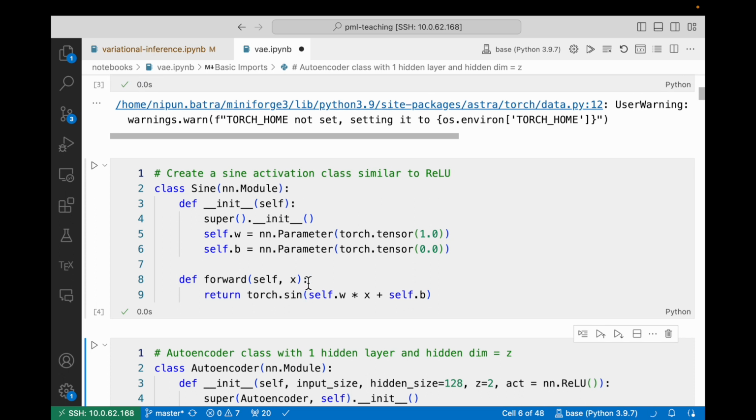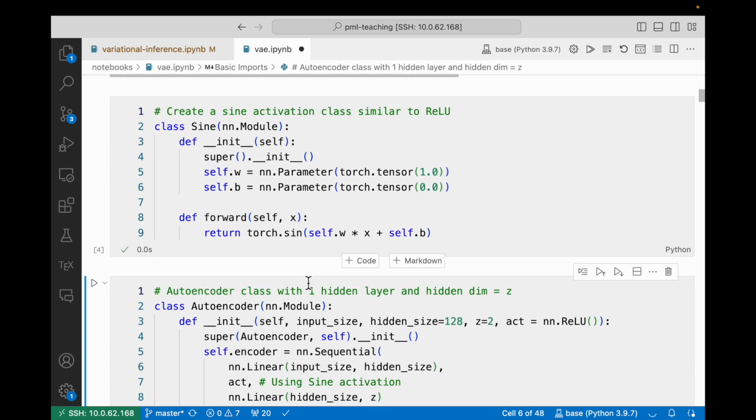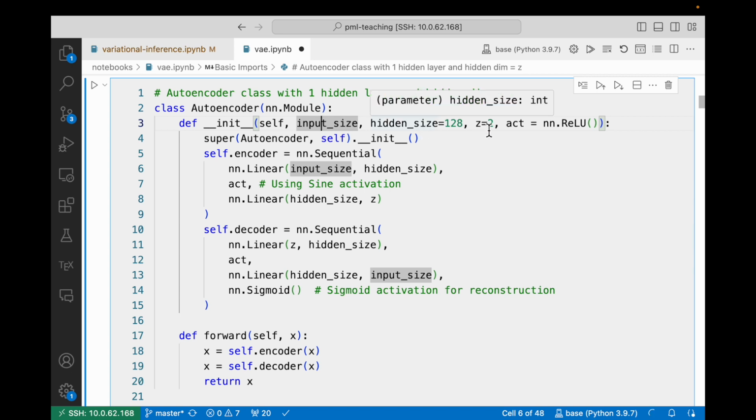So I'm using the sine activation. As I had previously shown, you could use sigmoid, relu, whatever you want. I have created a very simple autoencoder object. In this case I'm working with images, and it accepts an image of input size. So I'll flatten it to 784 dimensions. Hidden size equal to 128, z equal to 2, which is the latent representation size, and then the activation which I want to pass.